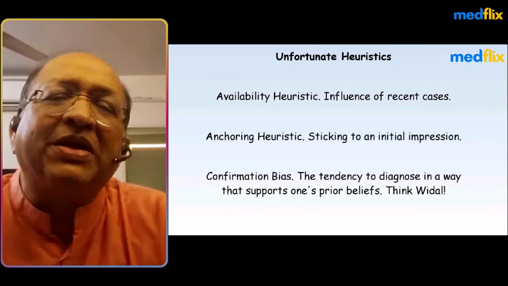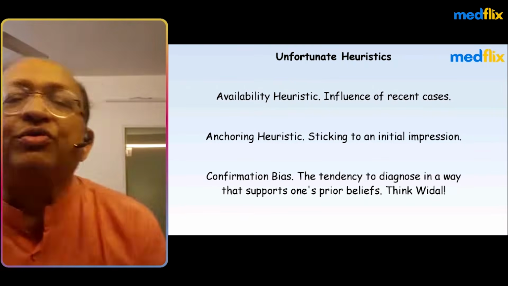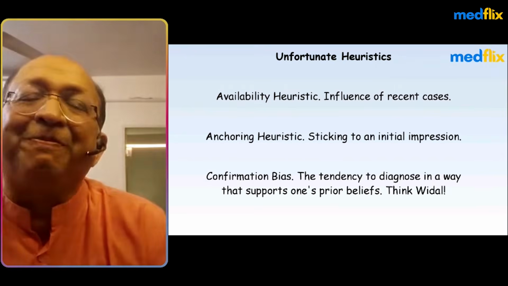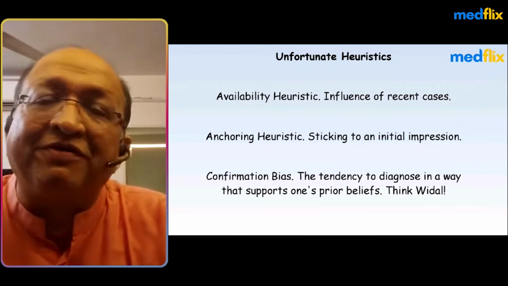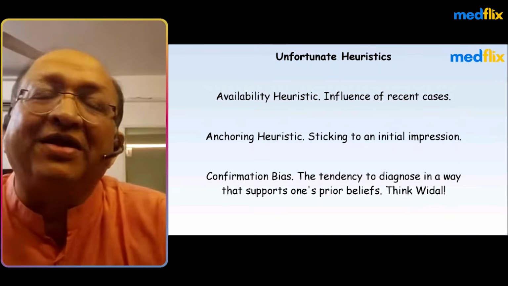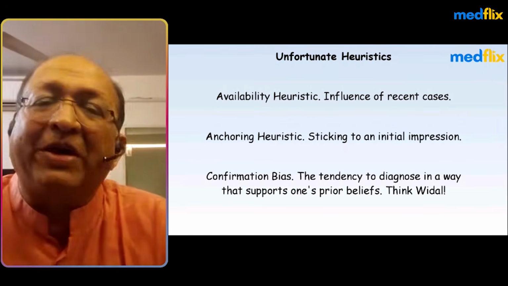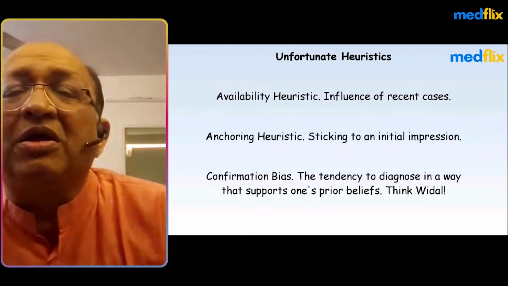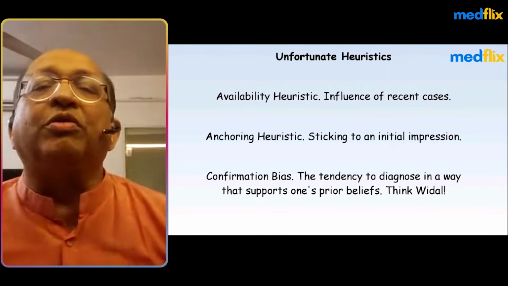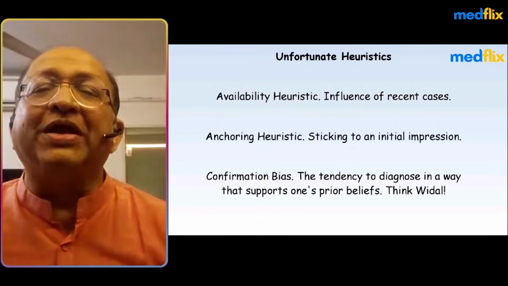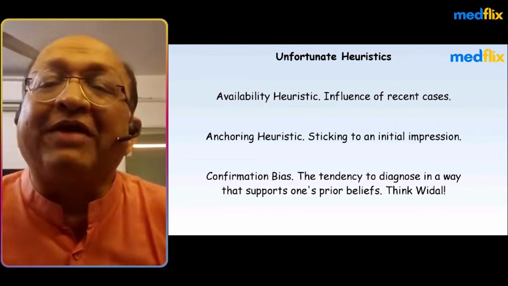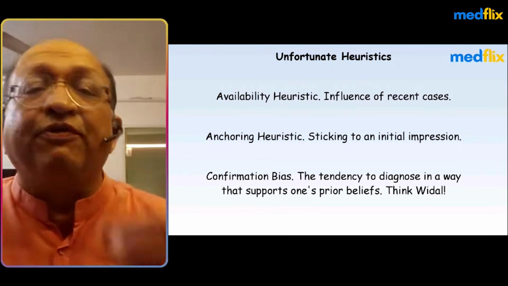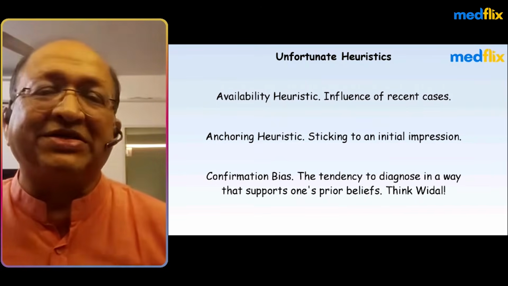A simple extension of history taking would have told you that this patient has vomiting and flank pain or renal angle pain with high grade fever and rigors, and then you would not have missed the pyelonephritis. Or the patient has right hypochondriac pain, with the pain increasing on moving or coughing, and you may not have missed the amoebic liver abscess. Availability heuristic means that you are influenced by the recent events.